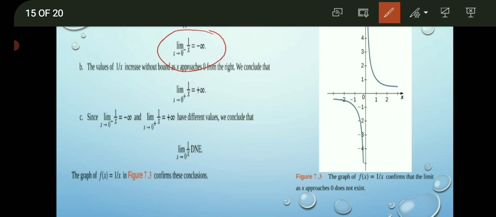In letter B, the values of 1 over x increase without bound as x approaches 0 from the right. We can conclude that the limit as x approaches 0 from the right of 1 over x is equal to positive infinity.